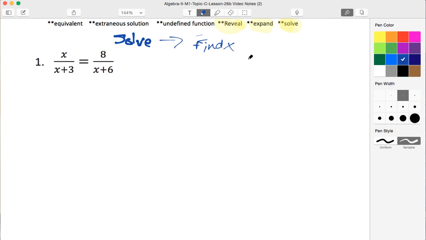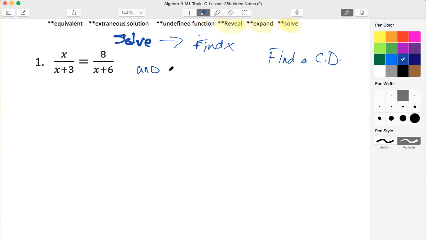What we are going to do is find a common denominator, and I'm going to continue to abbreviate common denominator as CD because it's long for me to write. Now, when you approach a problem, if you see a fraction, the first thing you have to do is call out the values of x that would make this function undefined. It is undefined when the denominator is equal to 0.